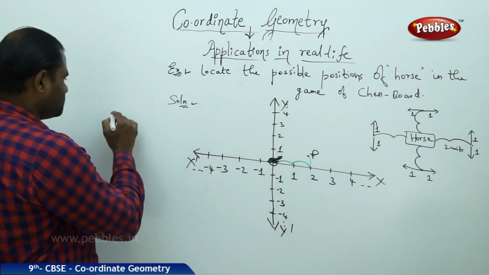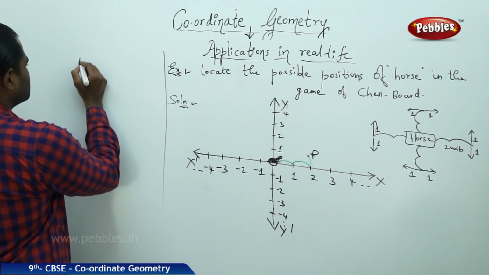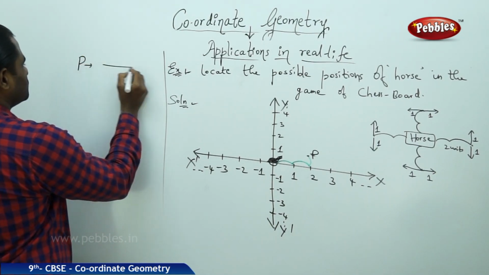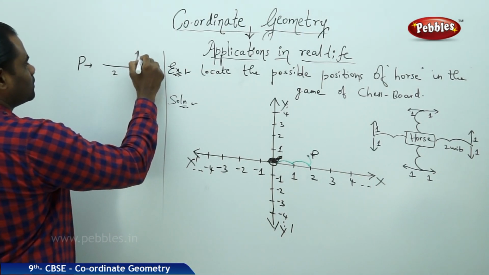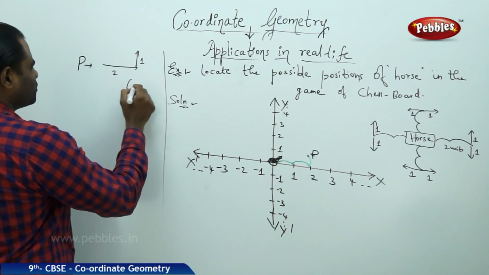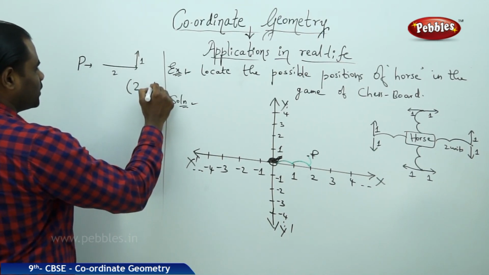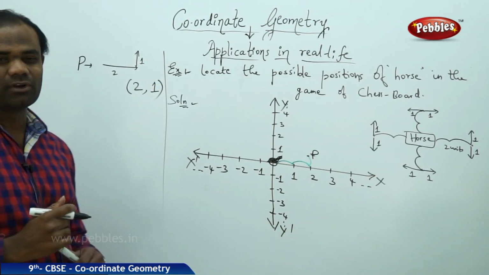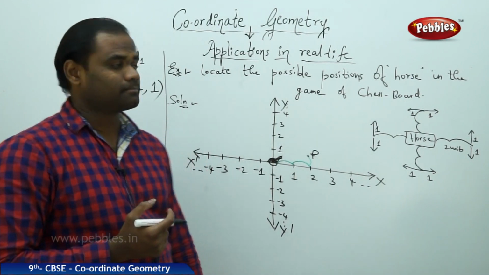So my position P initially is when the horse moves 2 units right and 1 unit up, and therefore my coordinates would be positive 2 and positive 1. So this is one of the coordinates which I identify of the movement of horse.